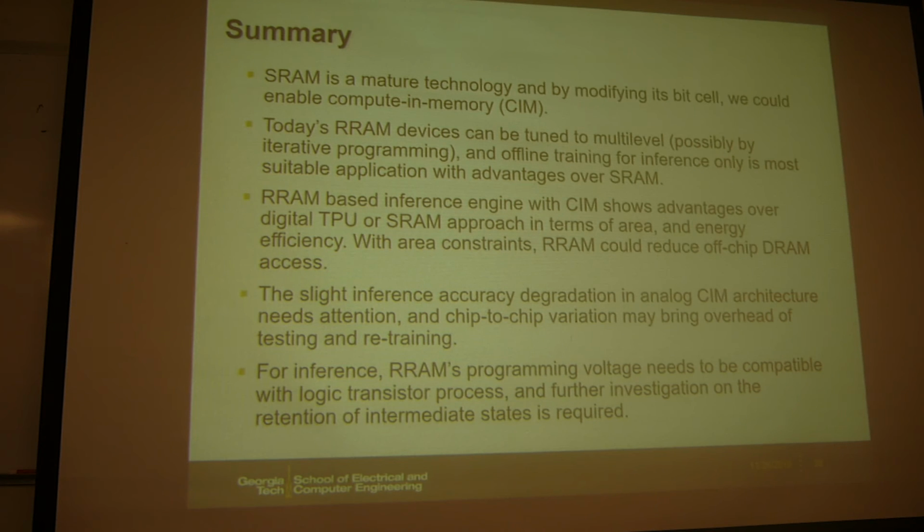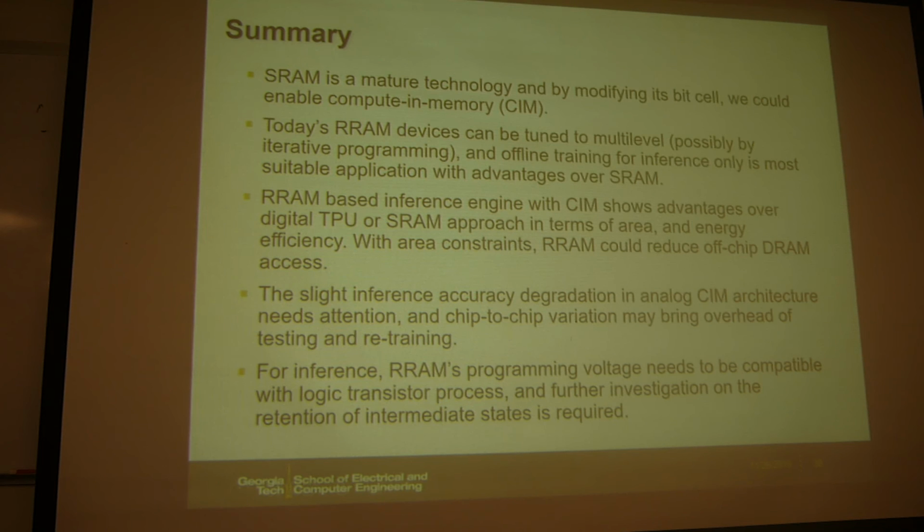So here the research is to embed the computation into the memory array, and we call it computing in memory or in-memory computing. In this case we use SRAM as a demo, but we are also interested in those emerging technologies because they are potentially higher density than SRAM. And then we show the advantages even in silicon, tape out, at the chip level. We see the advantages in energy efficiency and throughput.